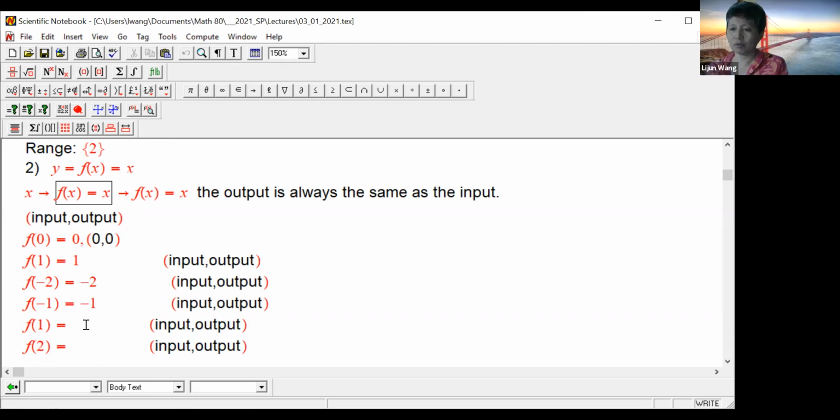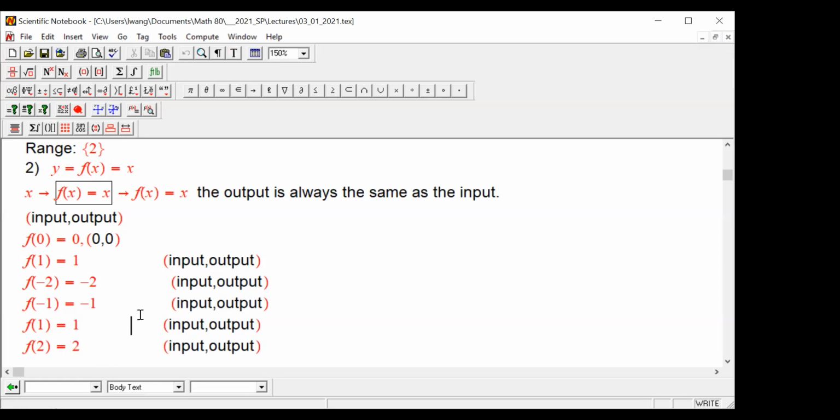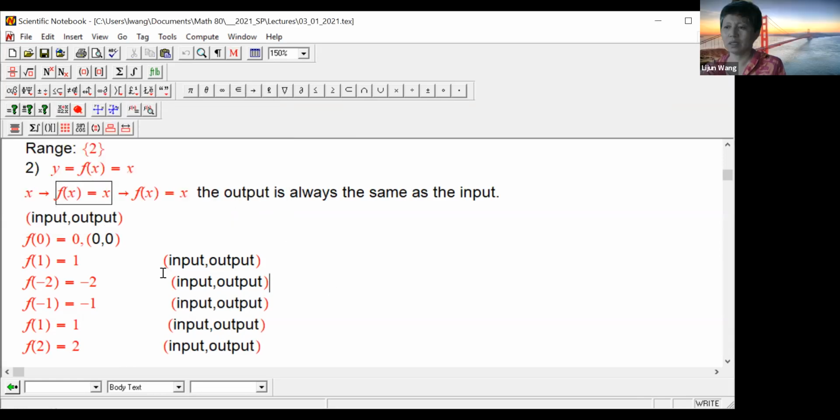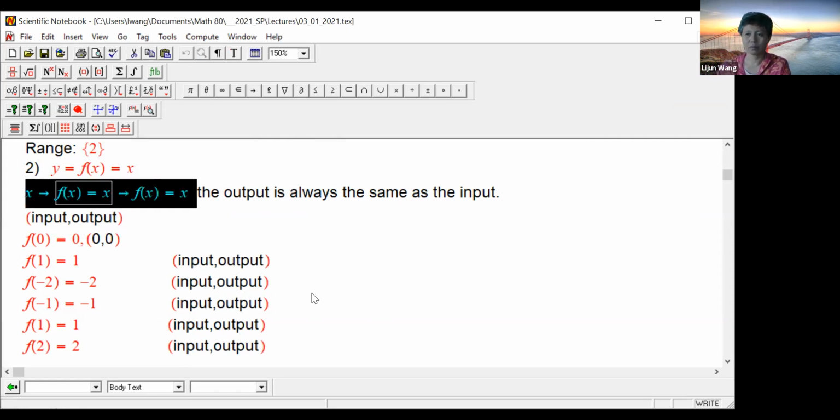Wonderful. What's the output for 1? 1. What's the output for 2? 2. Perfect. You got it. Each input given, the output produced will be exactly the same as the input. That's what this rule says.